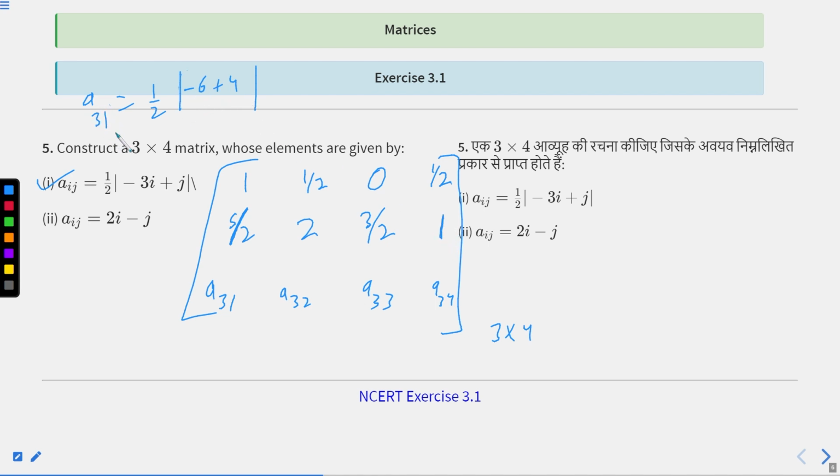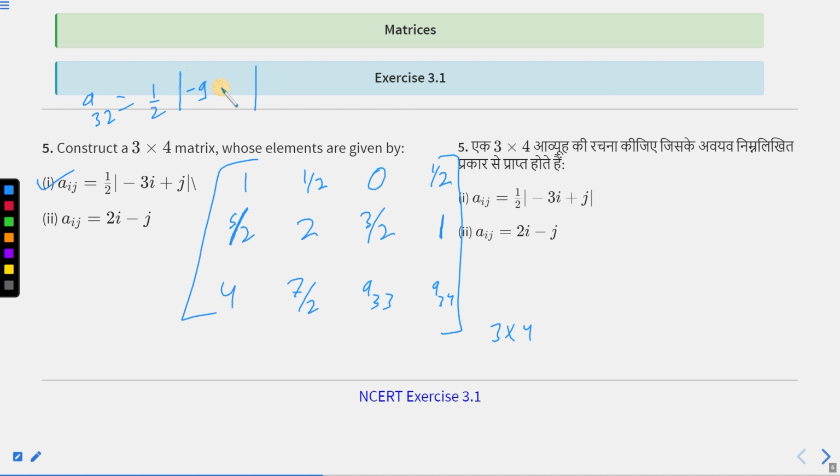Now A31 means minus 9 plus 1, which is 8, 8 by, sorry, 8 by 2 means 4. Now A32 will be 7, so minus 7 because of the mod, 7 by 2. Clear?